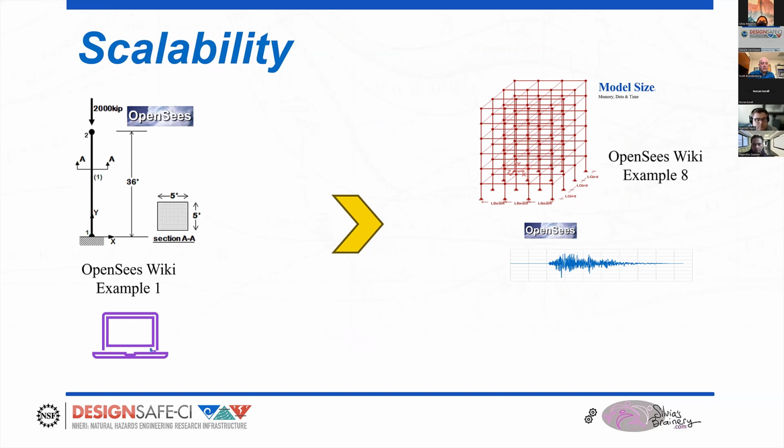But that's on OpenSees itself. Now we're talking about how we run these. What you want to do is maybe run this larger model with this ground motion on your desktop. Your laptop can only handle so much, right? And so that's scaling up already. Just as your demands scale up with your model size, now your computer needs to scale up proportionately as well, if not more than proportionately.